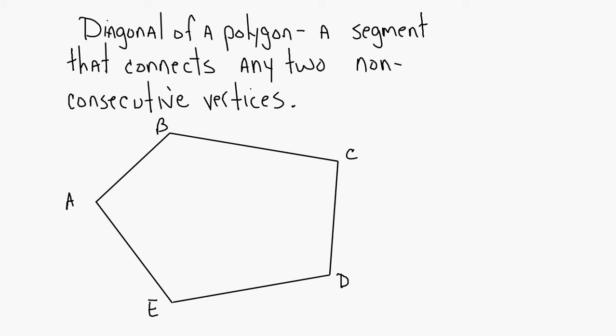An example of a diagonal would be a segment that connects any two non-consecutive vertices. Non-consecutive meaning vertices A and B are consecutive, and vertices A and E are consecutive. They're next to each other. But now, if you took a segment and you connected A to C, you're connecting two non-consecutive vertices, and that segment's called a diagonal.